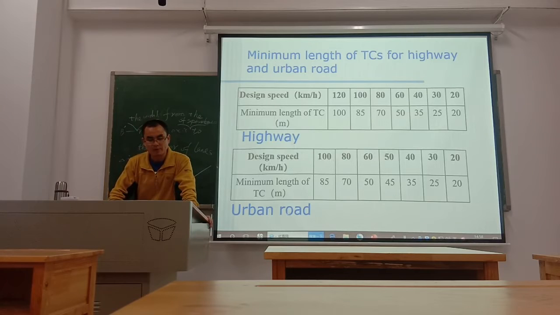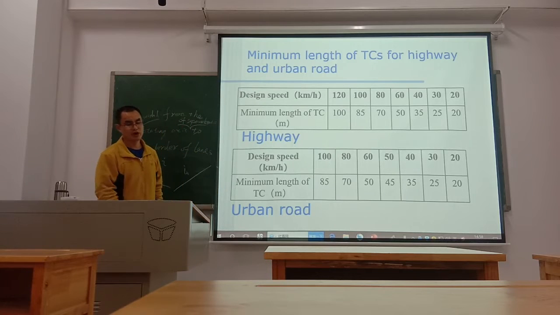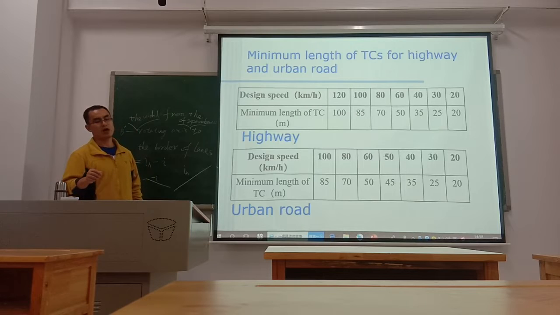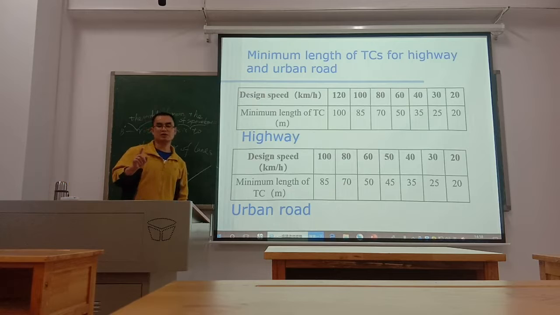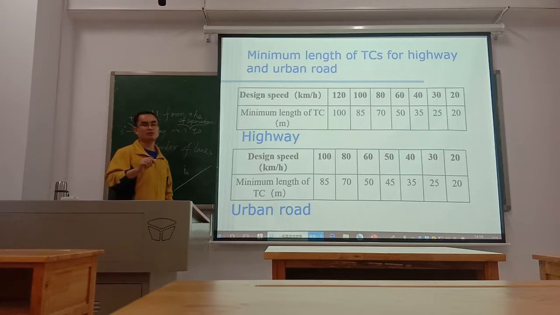On the urban road, there is a minimum length of transition curve corresponding to every design speed, on urban road or on highway. The larger the design speed, the larger the minimum length of transition curve.